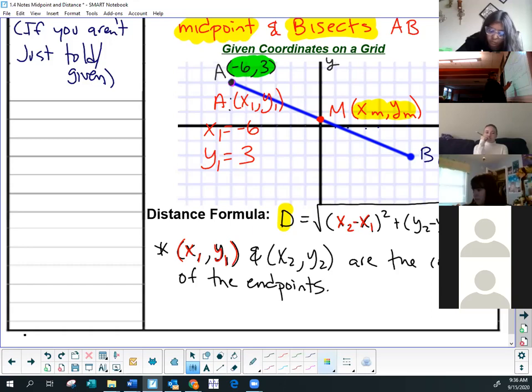Replicating the thinking, X2, Y2 just refers to the second set of points. So X2 is 6, Y2 is -2. They're just giving us numbers to substitute into this equation.